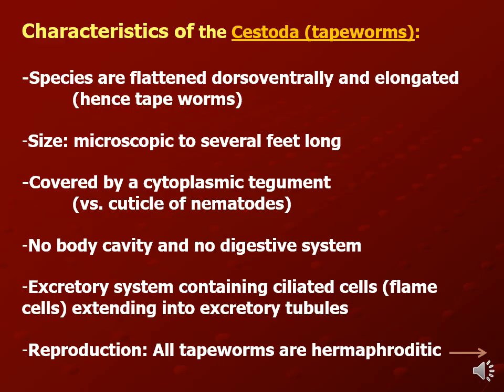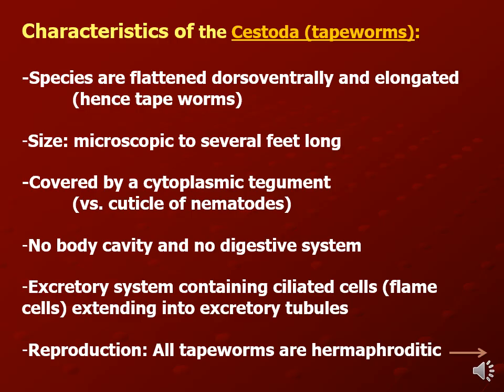Characteristics of the cestodes or tapeworms: the species are flattened dorsoventrally and elongated. The size is microscopic to several feet long, and we shall see some examples. They are covered by a cytoplasmic tegument comparable to a skin, a cytoplasmic tegument versus the thicker cuticle of nematodes or roundworms.